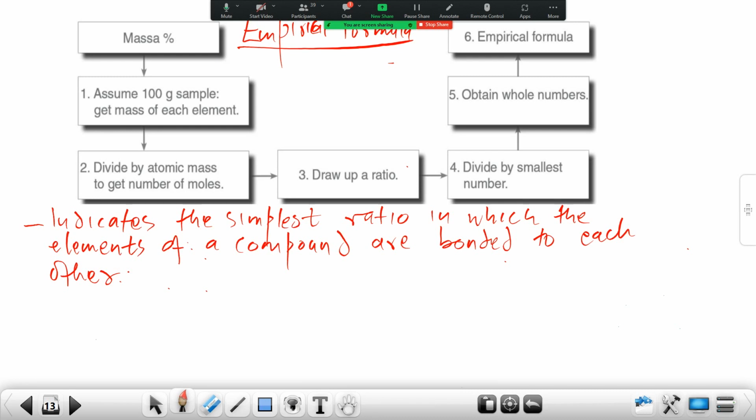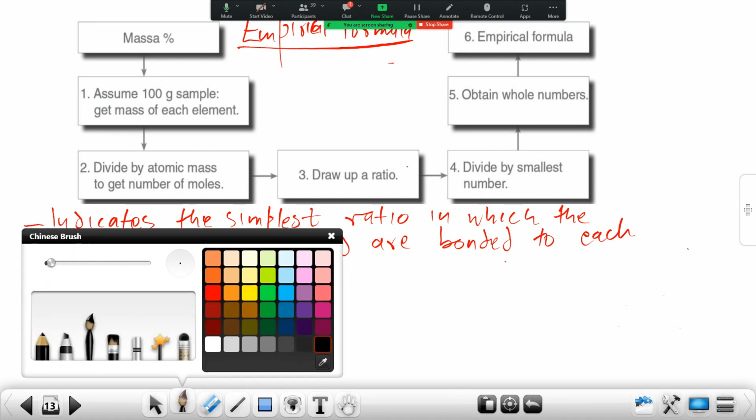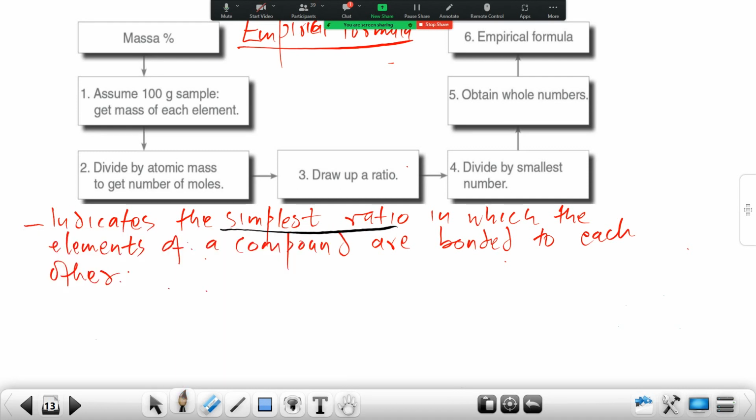The difference between empirical formula and percentage composition is very simple. Percentage composition is how much each element contributes in the formation of the compound. Empirical formula is how these atoms or elements are arranged to form this particular compound. It's as simple as that. Hence, it's explained as the simplest ratio.